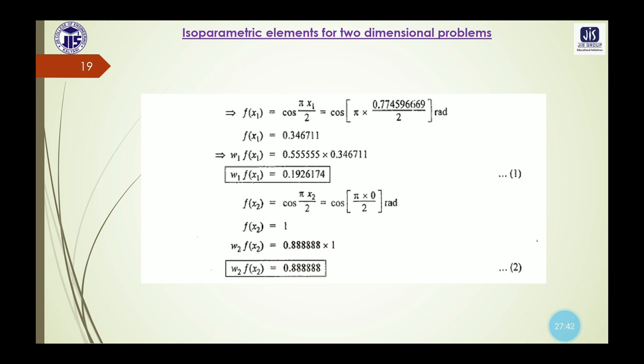If we multiply this fx1 with w1, then we are getting w1 into fx1 as 0.1926174, which is our equation number 1. In this similar manner, we first calculate fx2, which we are getting as 1, and if we multiply this with the corresponding weight w2, then we are getting w2 into fx2 as 0.888, which is our equation number 2.